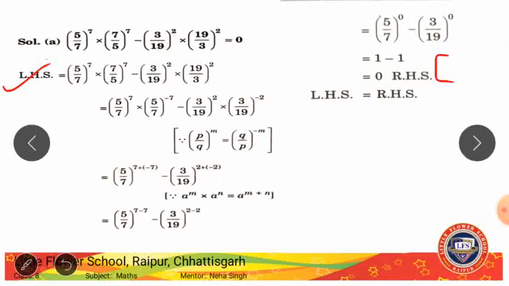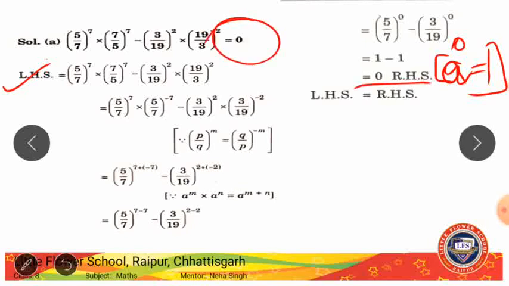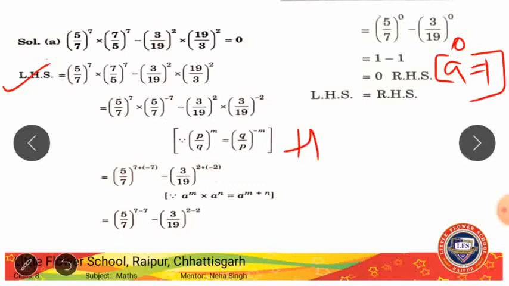What are we going to write? a^0 is always 1. So now 1 minus 1 will be 0, which is equal to the RHS. Hence LHS equals RHS. And last we are going to write hence proved. Since it was to be proved, we will write hence proved.